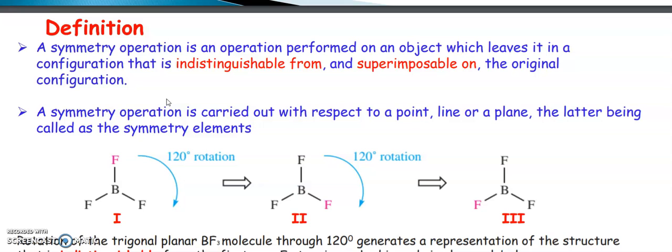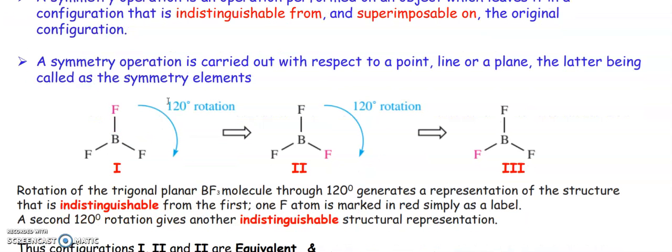I repeat, a symmetry operation is an operation performed on an object which leaves it in a configuration that is indistinguishable from and superimposable on the original configuration. A symmetry operation is carried out with respect to a point, line or plane, the latter being called the symmetry elements.